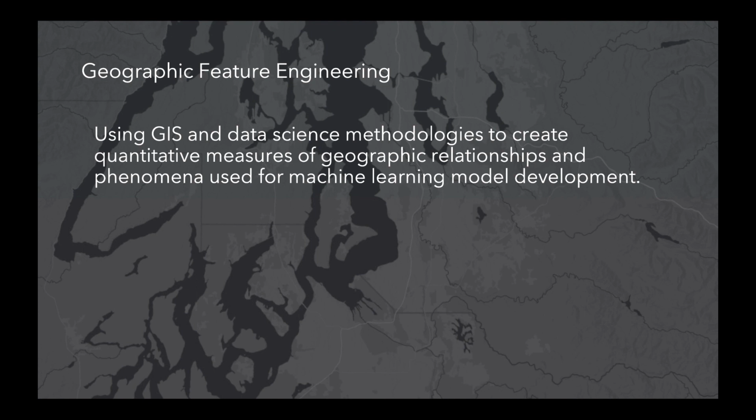The important thing with this, by combining these two disciplines and doing it well, is that you are achieving insights that you wouldn't be able to get with either one of the respective disciplines of just data science or just GIS alone.